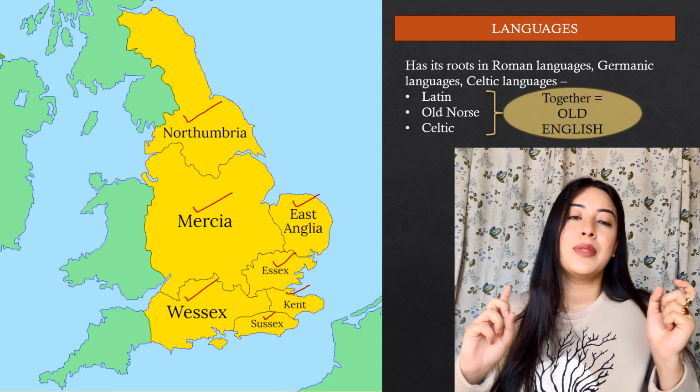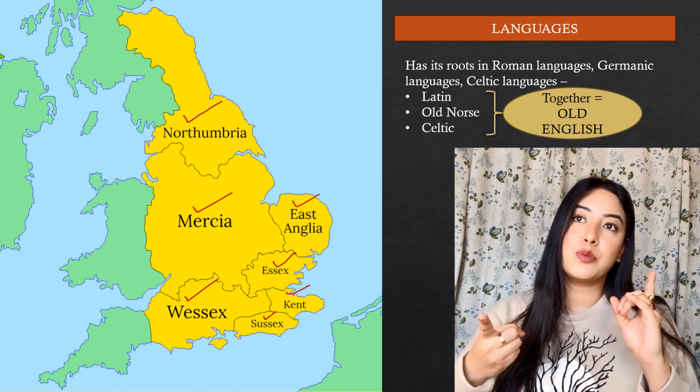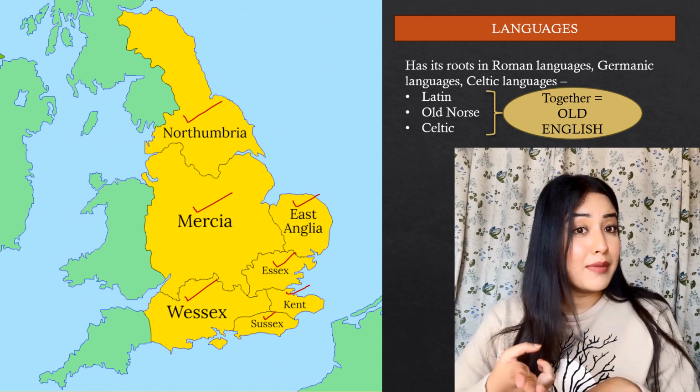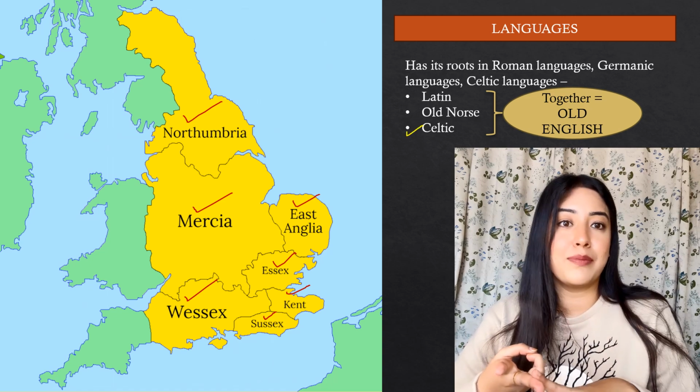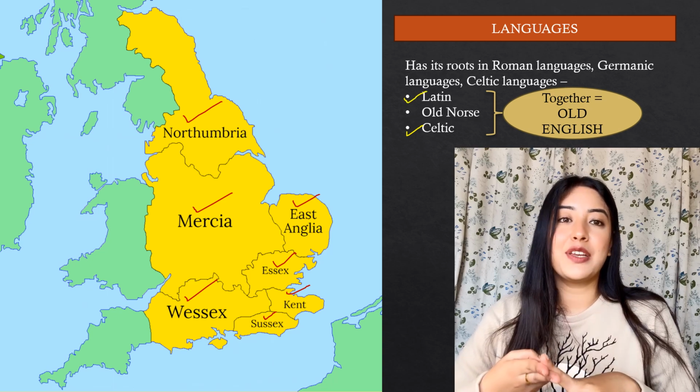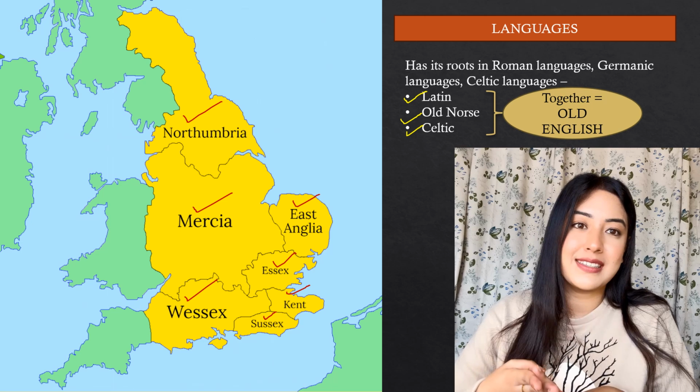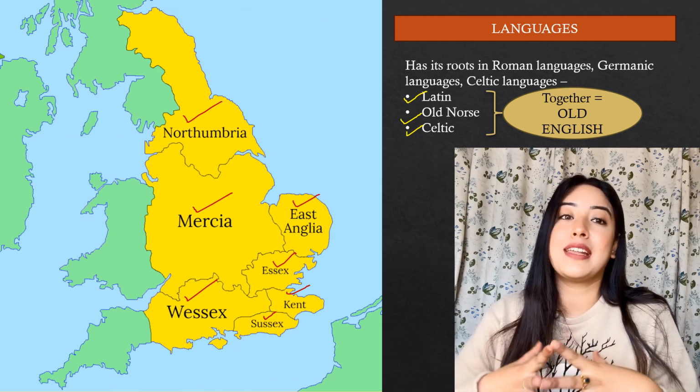Old English is made up of these elements, these languages. It has to do with when Britain was not a part of the Roman Empire, that is Celtic languages. When Britain became a part of the Roman Empire and sub-Roman Empire, Latin, and then you have the invasion by the Anglo-Saxons and Jutes, so you have Old Norse. These are languages spoken by these Germanic tribes.